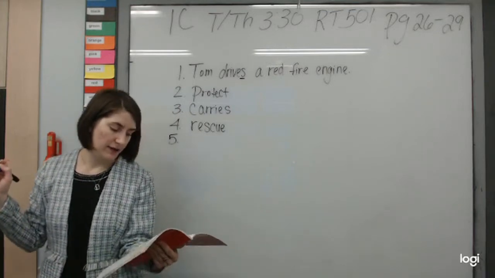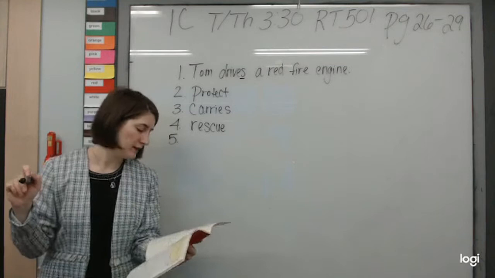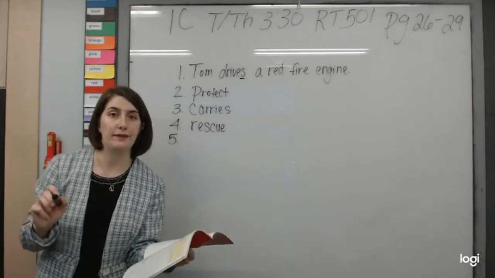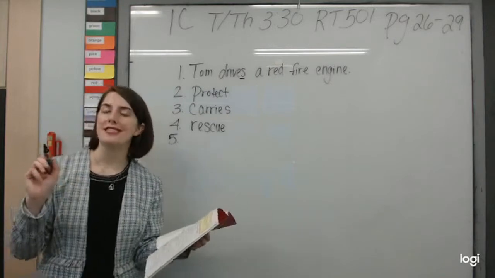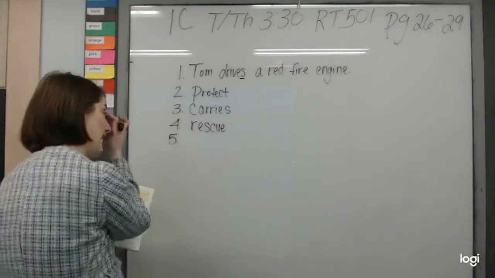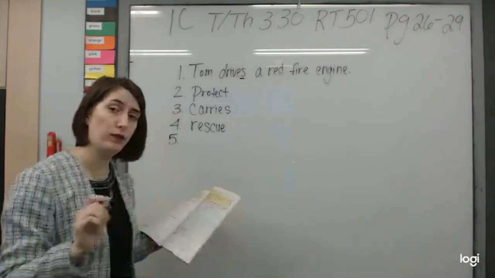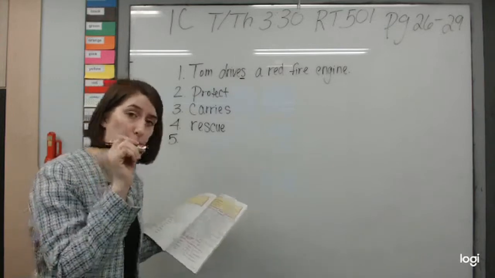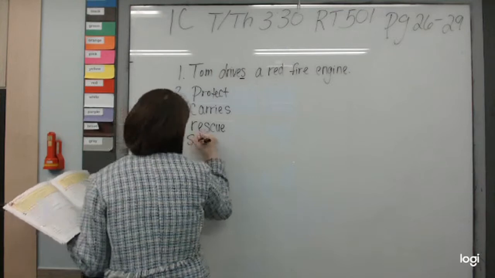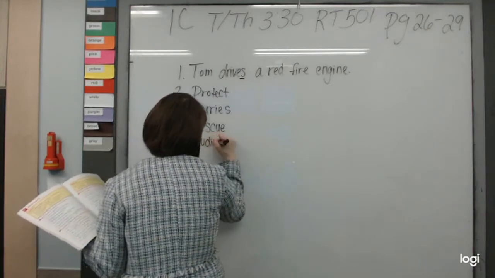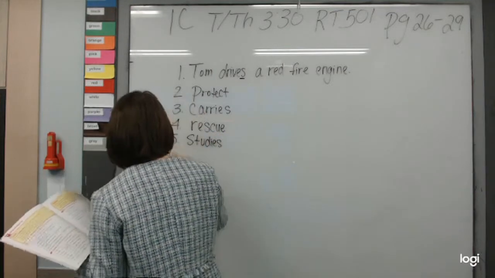Number 5, study. So, Lucy. Lucy is a girl. So she studies every day. And remember the rule of Y. Drop the Y and replace it with IES. Lucy studies.